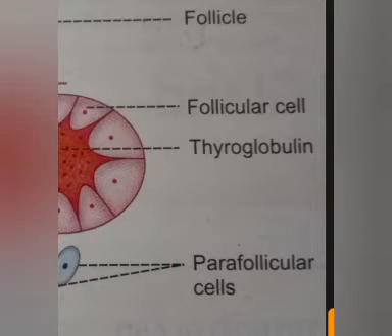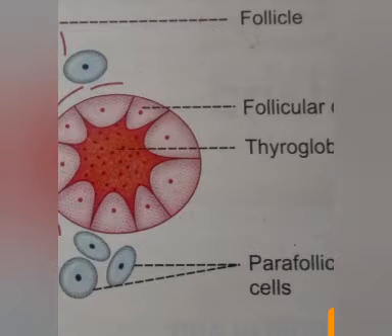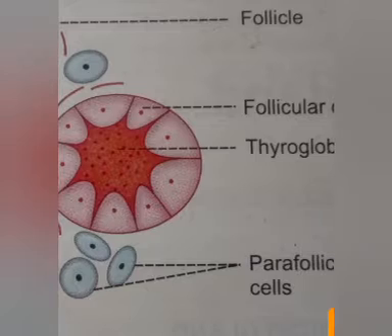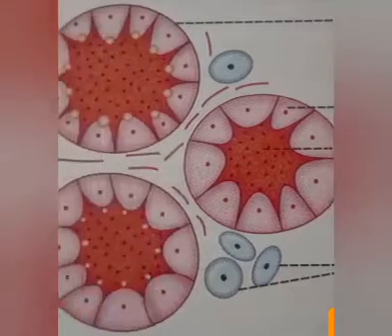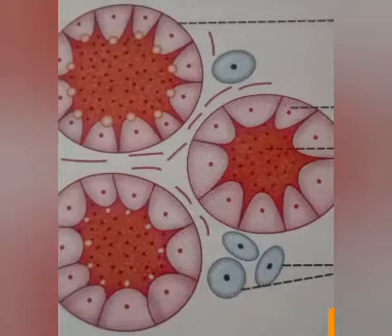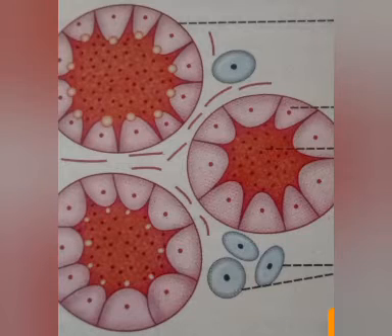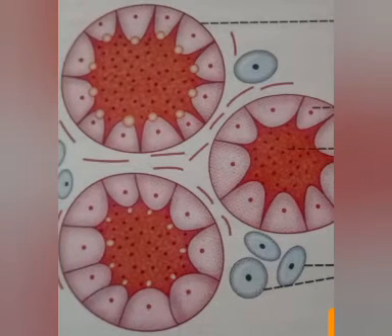Follicular cells secrete thyroxine, T4, and triiodothyronine, T3. That means when the body requires these hormones, they are released from this part. That is about the structure, or the histology.